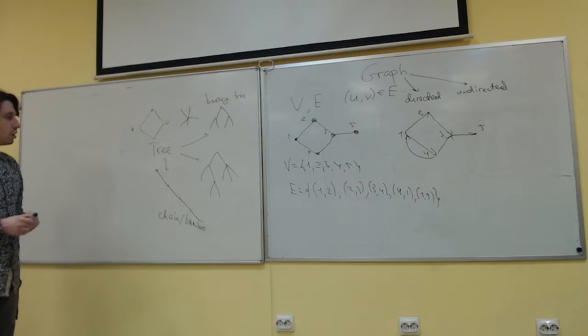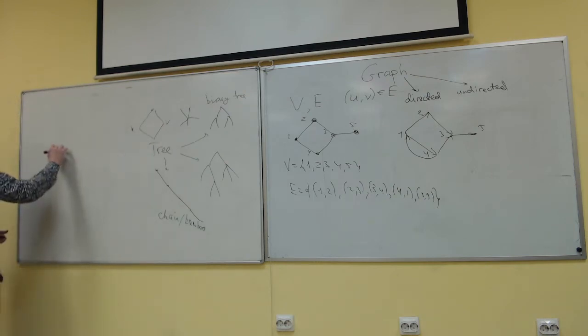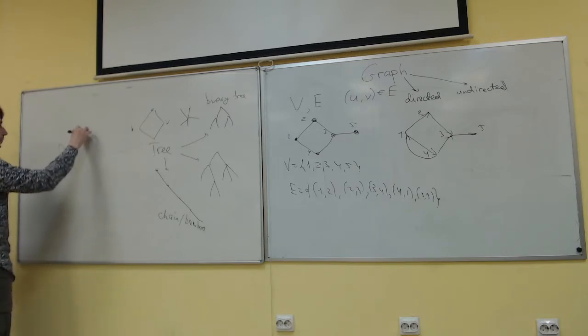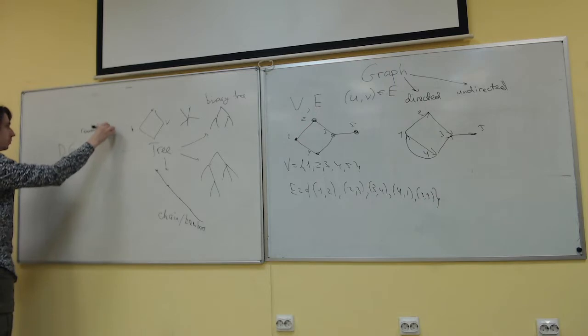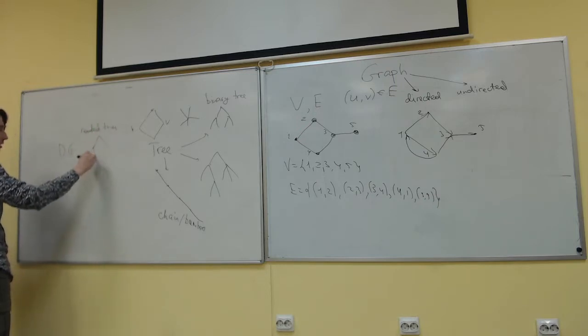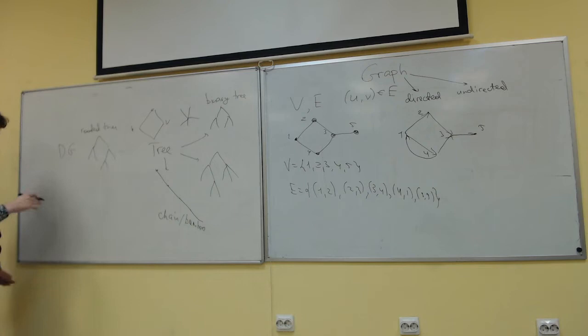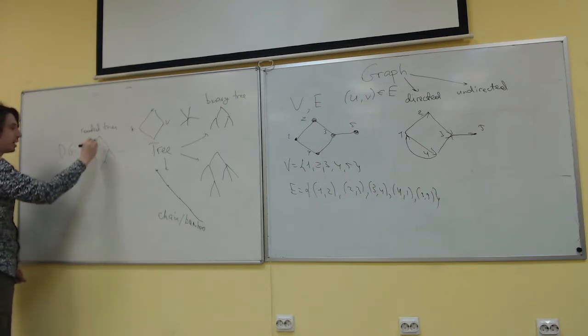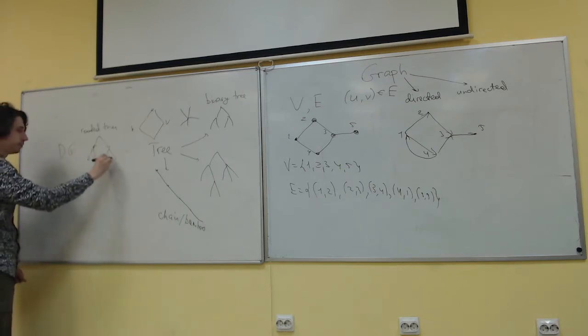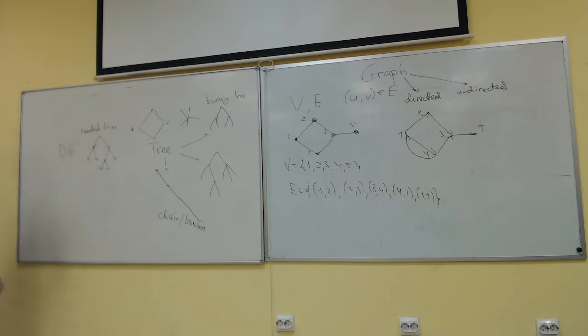Okay. So about directed graphs, there can be rooted tree. It is the tree, it's simply the tree, but when all the edges are going downwards, they have a direction. Okay? And there is an acyclic graph, directed acyclic graph. Is the directed graph that has no cycles.